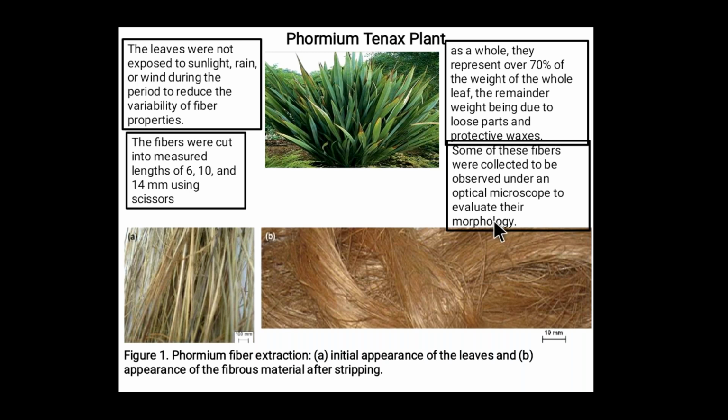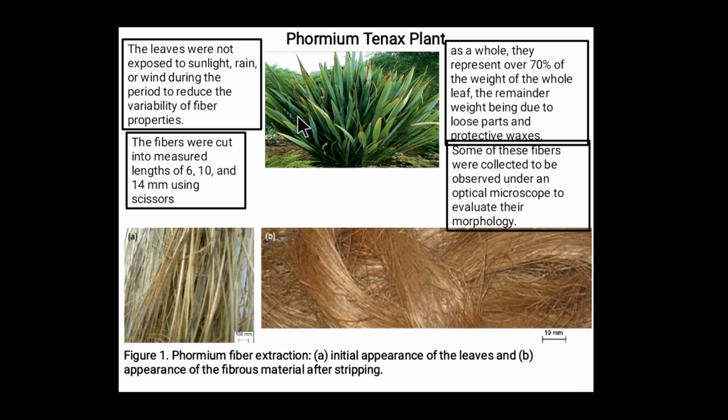So this is the chromium 10X fiber leaf. The leaves were collected in the fields around Tamil Nadu in India. After collecting, we cut close to the root, which gave leaves between 60 to 80 centimeters long.